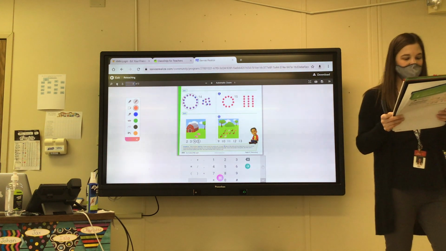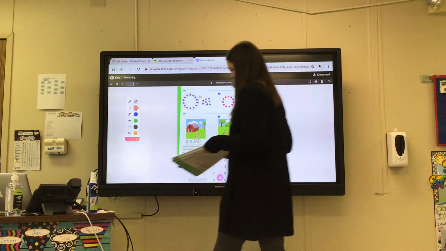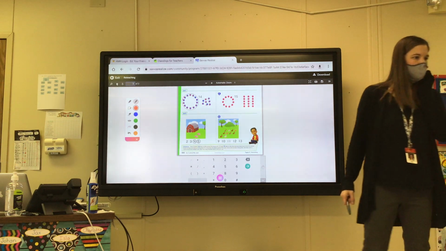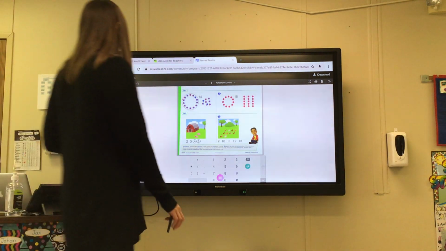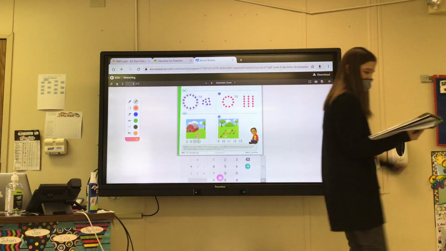So count the ladybugs and circle the group with 15 bugs. Yep, circle the group that has 15, please.